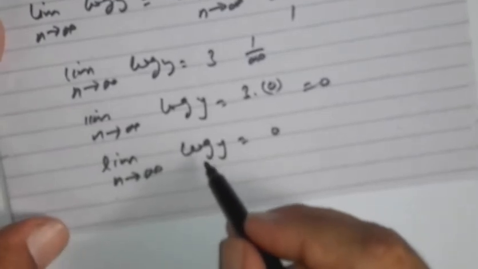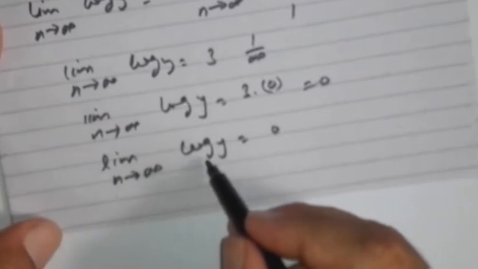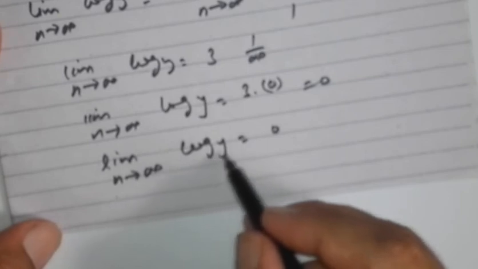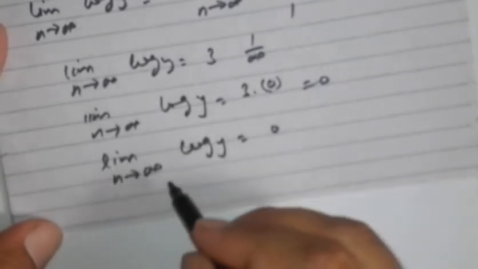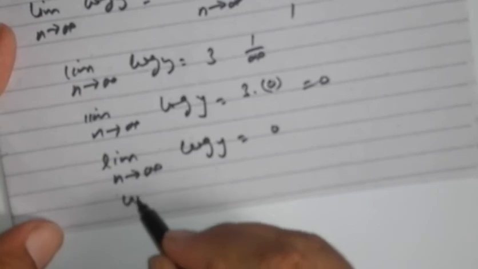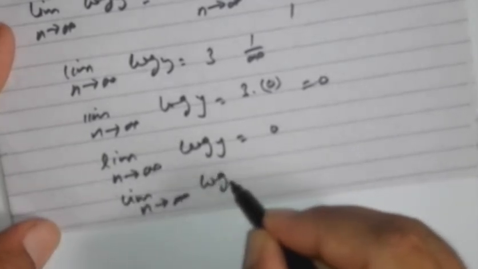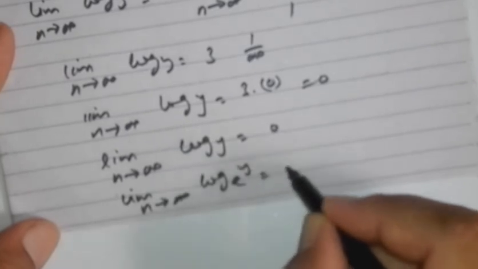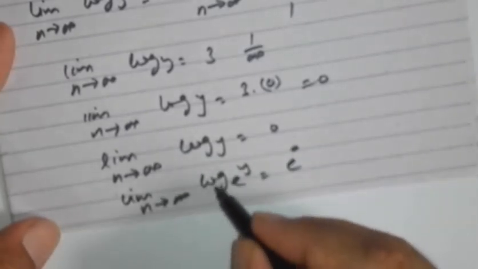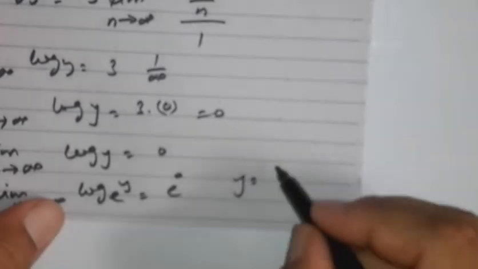Now how will we eliminate this log? We will take exponential base e on both sides. So we get limit n tends to infinity log to the base e of y equals e power 0. This e and log cancel with each other, and when we take the limit of a constant, we get that constant, so we get y here, and e power 0 is 1, something power 0 is 1.